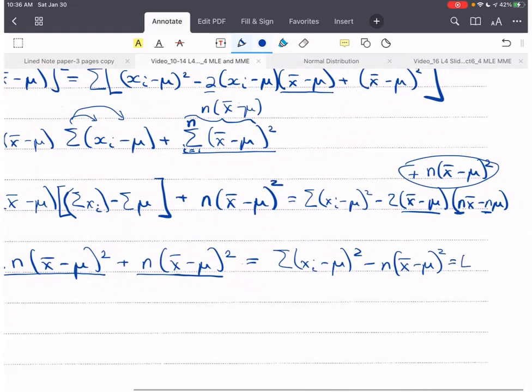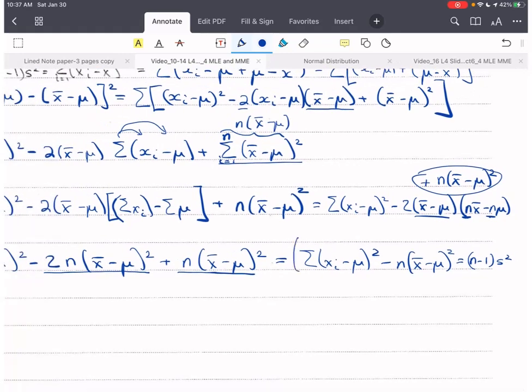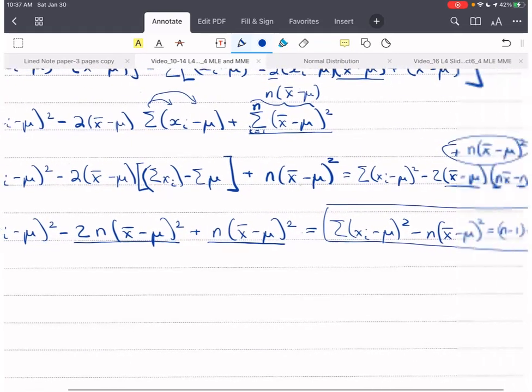So this is just equal to, let's reverse this now, n minus 1 S squared. I was getting ahead of myself. The next thing we're going to do, so this is what we ended up with. So we're going to take the expectation of both sides.